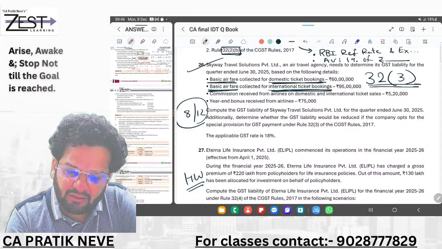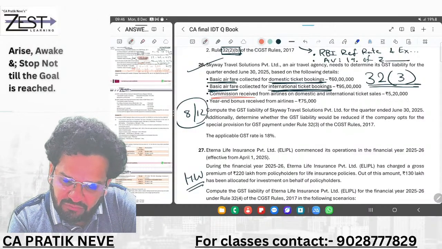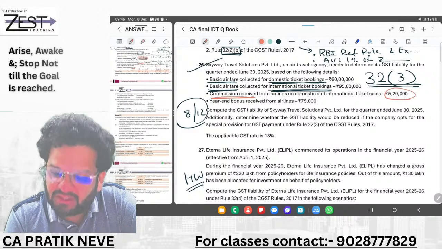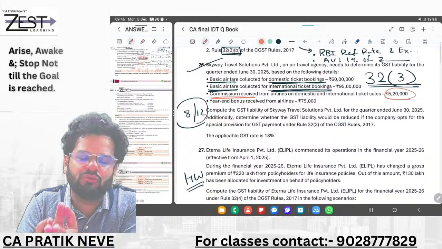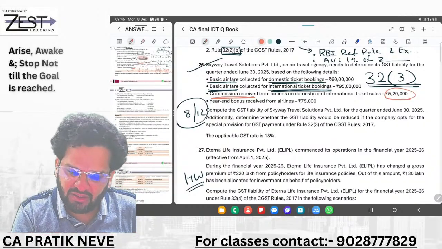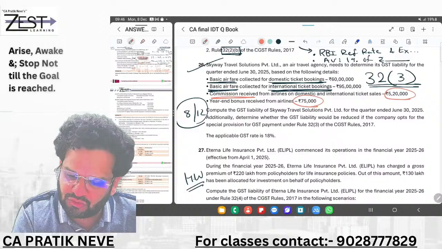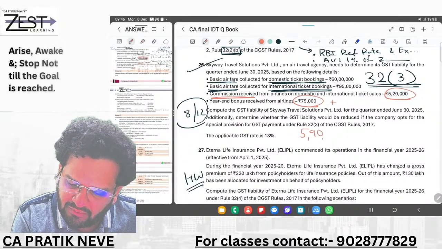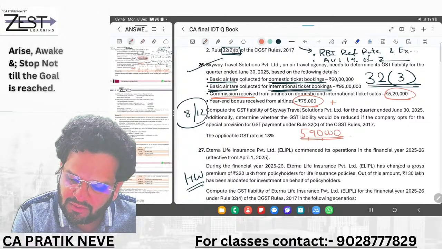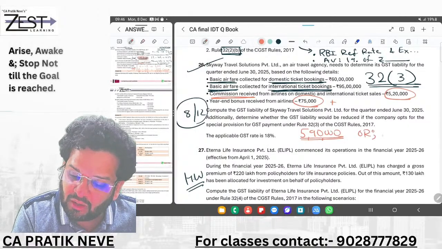But before that, commission received is 5,20,000. So this is the actual value for this agent, and year-end bonus 75,000. So 5,20,000 plus 75,000, 5,95,000, is the assessable value as usual without the rule.